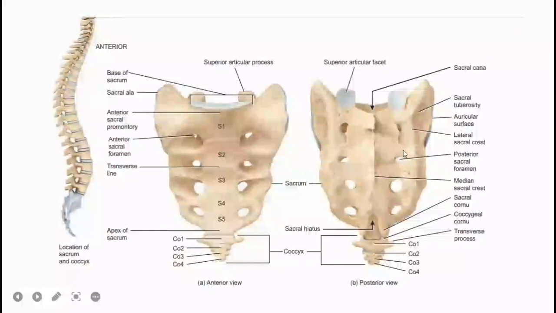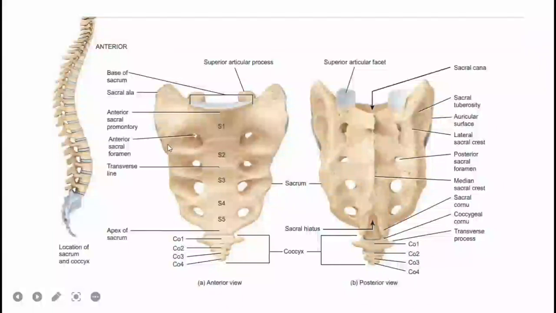Then we have the posterior sacral foramen, medial sacral crest, which is this. Then this is the level of sacral cornu, coccygeal cornu at this level, sacral hiatus at this point.